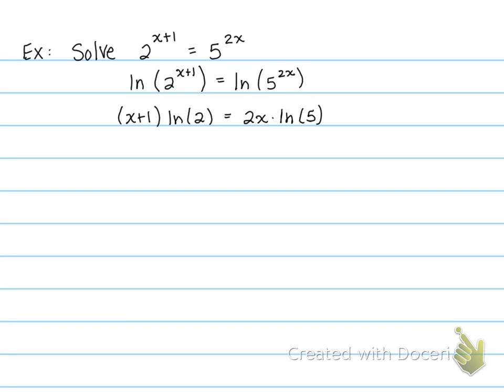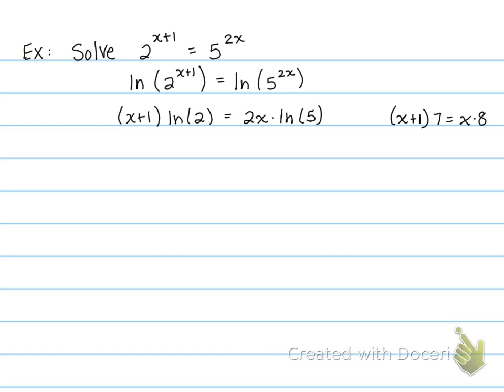Now, this is just a linear equation. Like I said, it looks a little more complex, but it's really just x plus 1 times a number equals x times some other number. So I'm going to distribute the natural log of 2. It would be sort of like I had x plus 1 times 7 equals x times 8 or something like that.